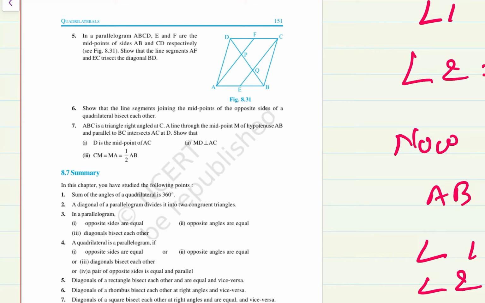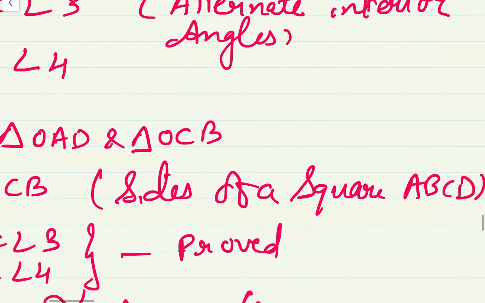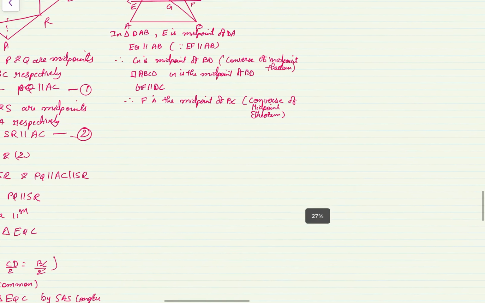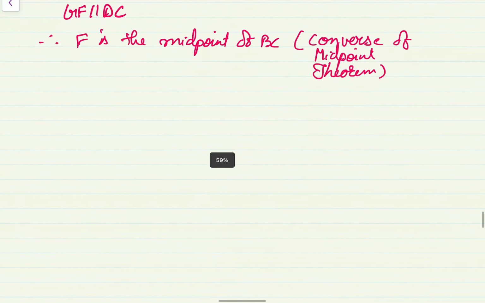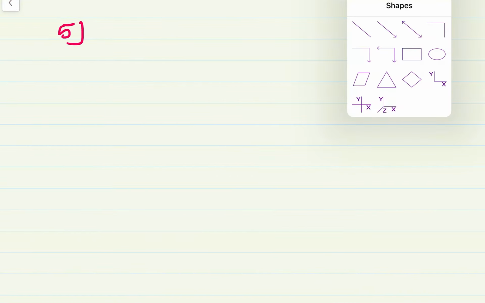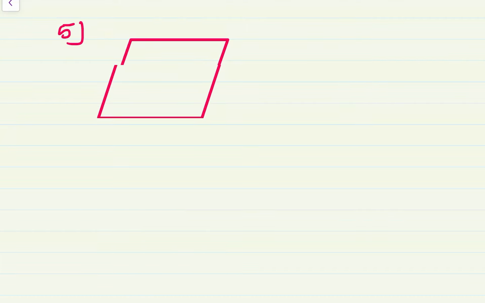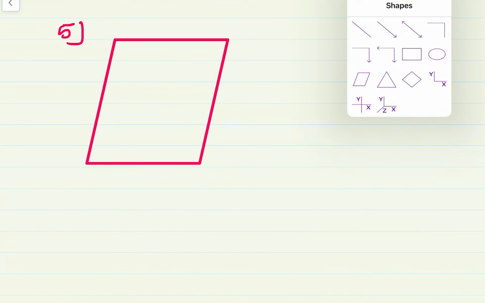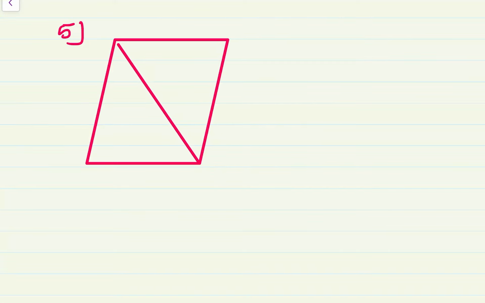Show that the line segments AF and EC trisect the diagonal BD. The figure is something this way.